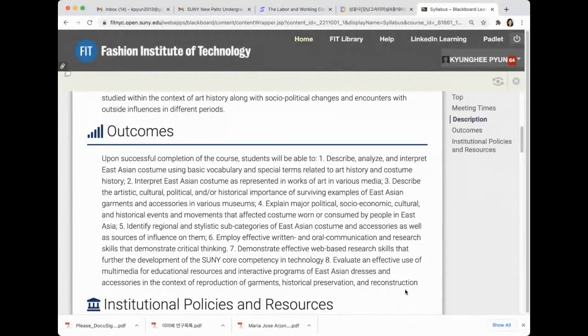And then one thing I wanted to mention is number 4, major political, socioeconomic, and historical events and movements that affected costume. And so you will say, what does 4 mean? But this is important because during dynastic changes or shifts, sometimes Asian people were faced with drastic change in costume.